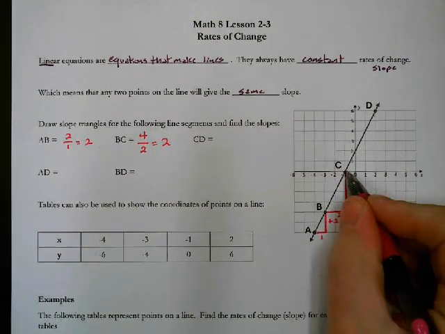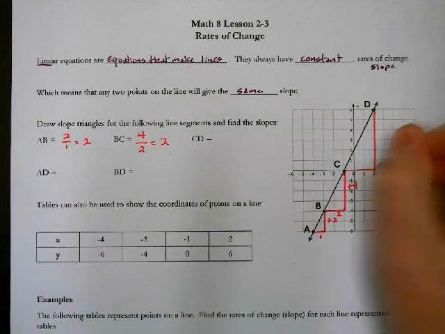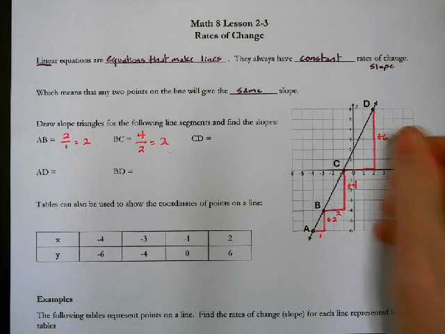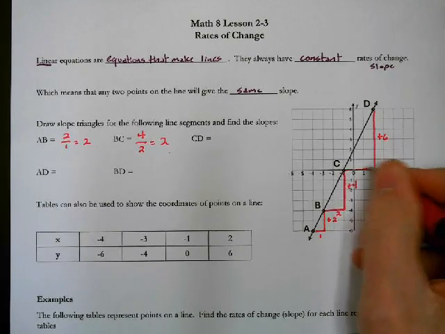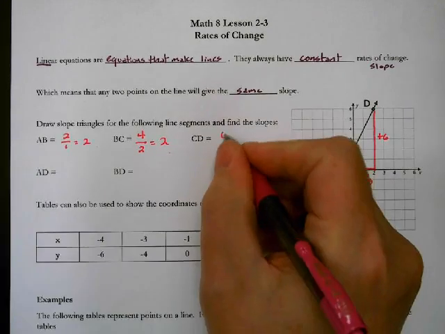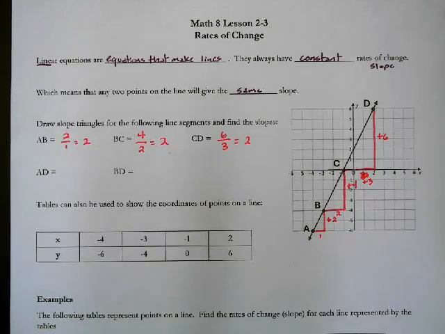All right, let's try C to D. 1, 2, 3, 4, 5, 6. The y value is increasing by 6. 1, 2, 3. The x value is increasing by 3. So we get 6 over 3, which reduces to 2. Still the same exact slope.